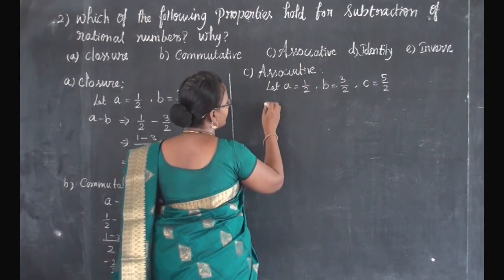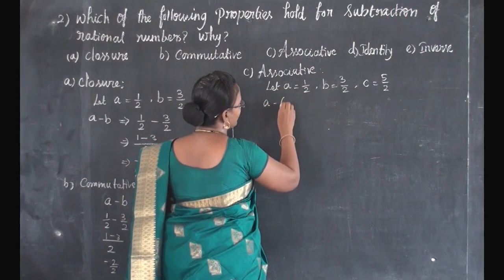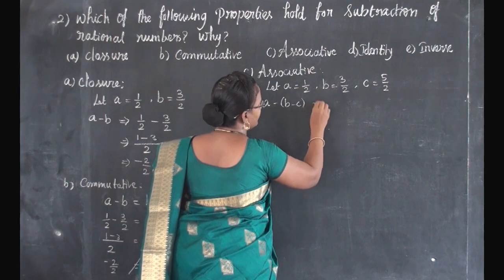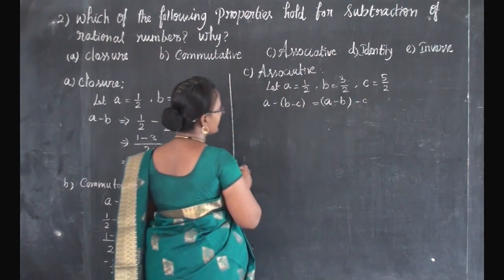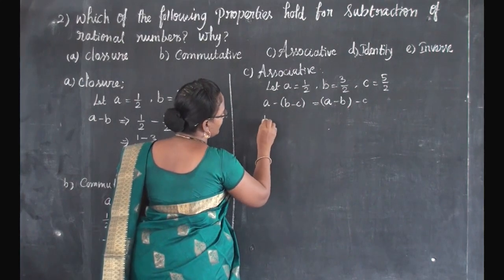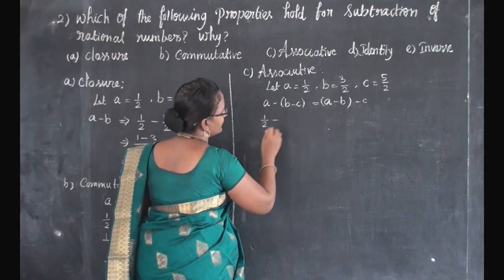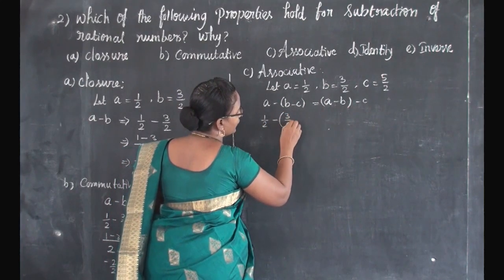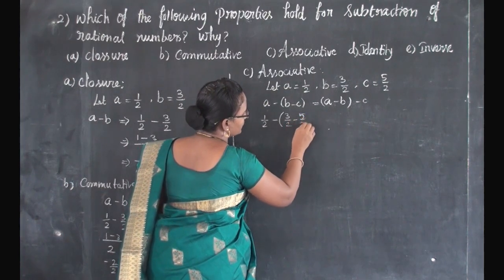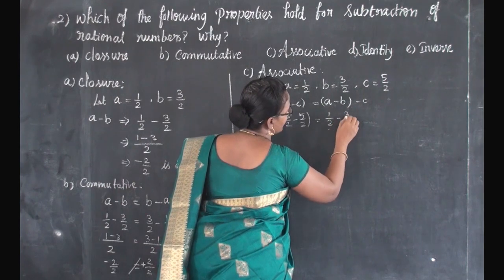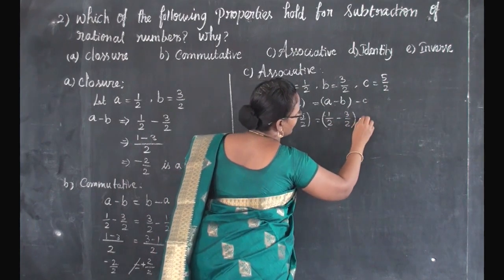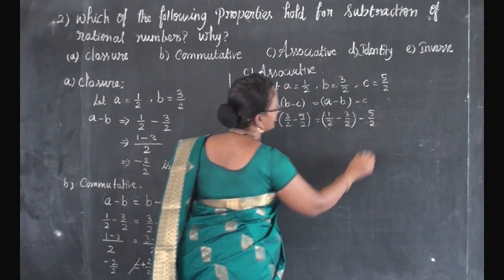Under subtraction it means (A - B) - C is equal to A - (B - C). Thus (1/2 - 3/2) - 5/2 is equal to 1/2 - (3/2 - 5/2).